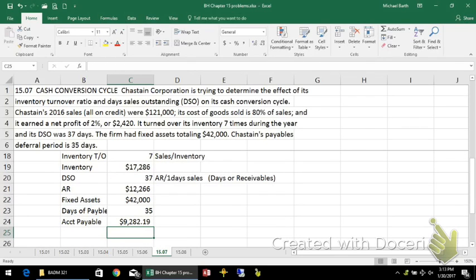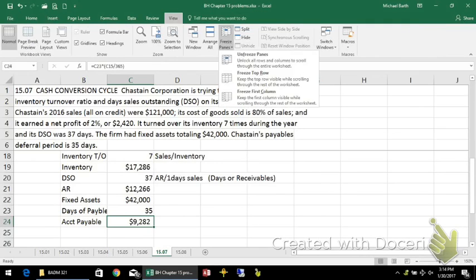Format that, it's not currency, that's actually days. So that's the dollar amount of the payables. Alright, so that's all the stuff that I was told.